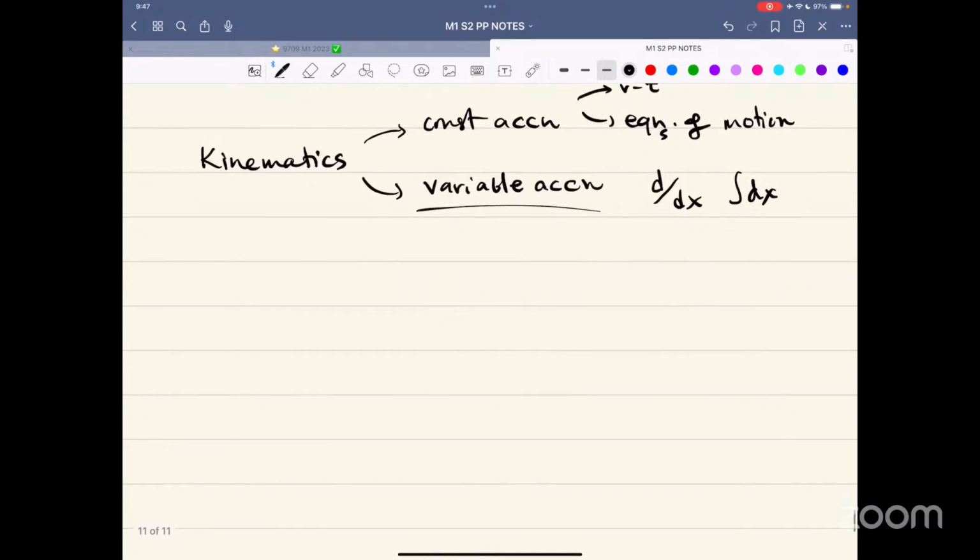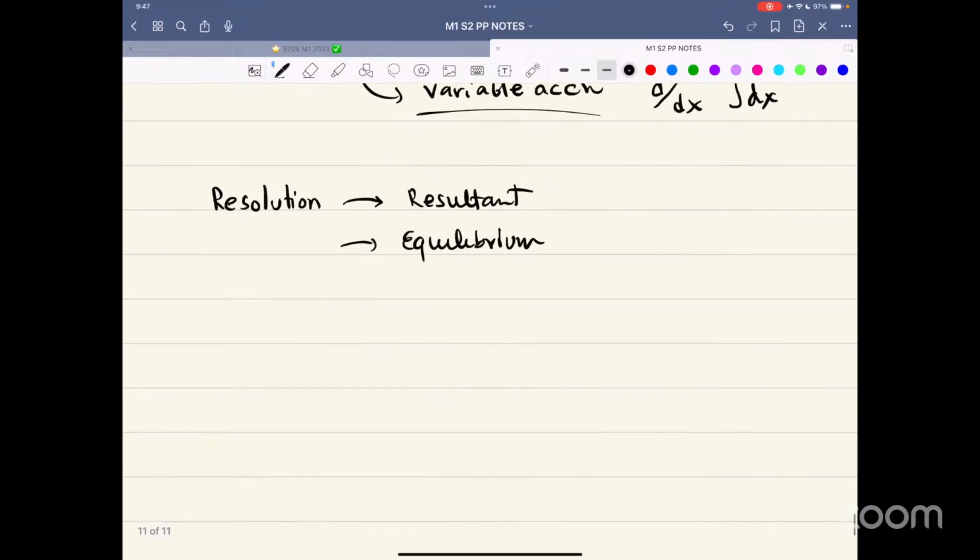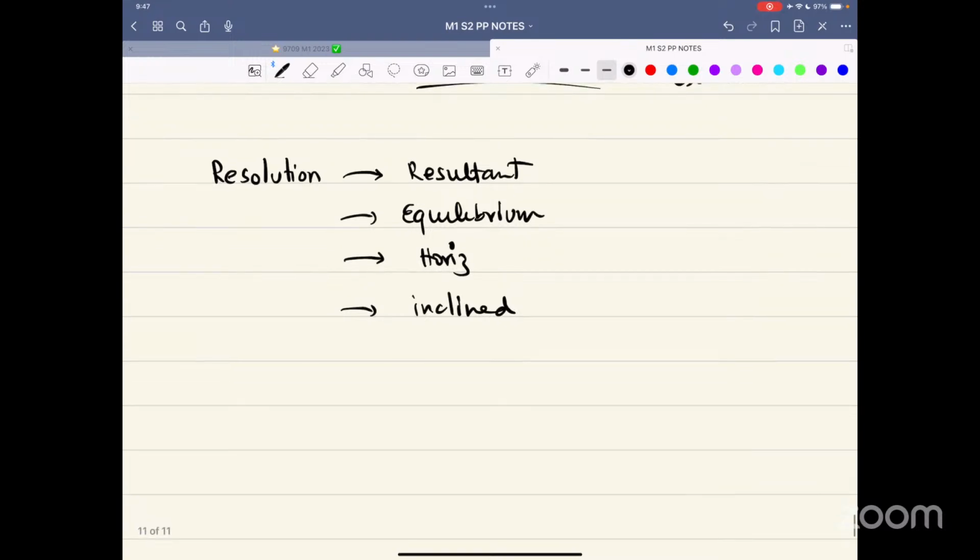And then we have a lot of things related with resolution of forces. It's about resultant, equilibrium, horizontal surface, inclined plane. Resolution is everywhere.